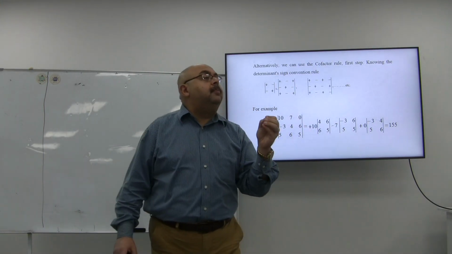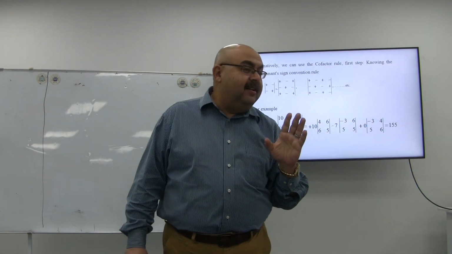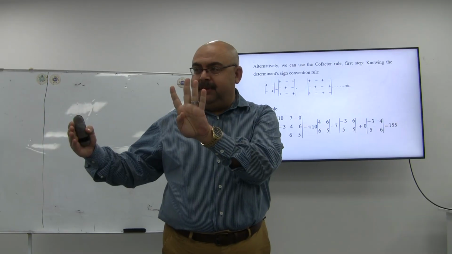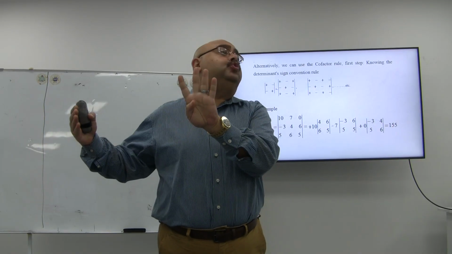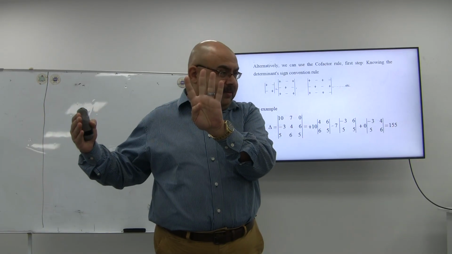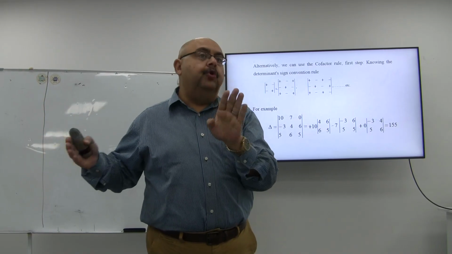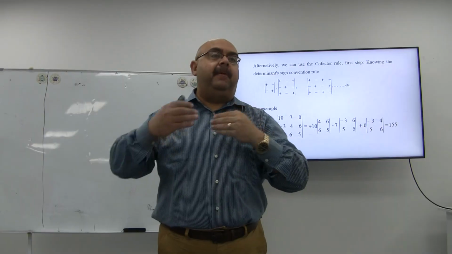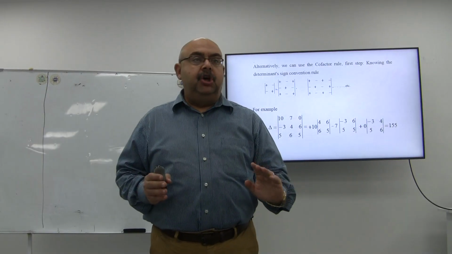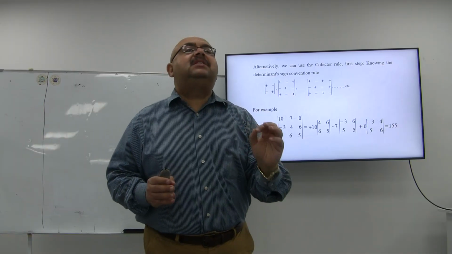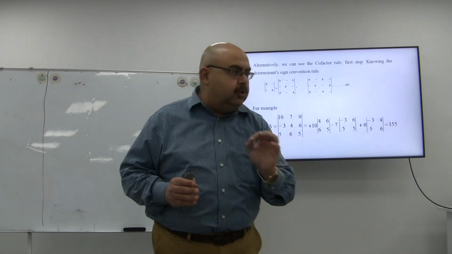So if I have 4 by 4, first it's going to be 4 3 by 3 determinants, and each one of these determinants will be 3 2 by 2. So in order to find the value of a 4 by 4 determinant, you will have to deal with 12 determinants 2 by 2.